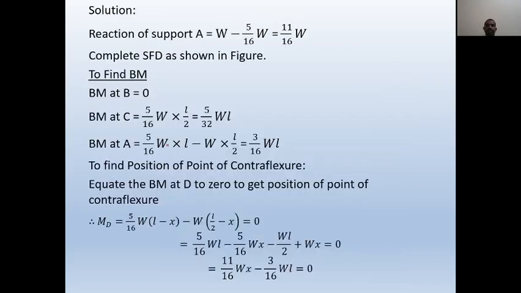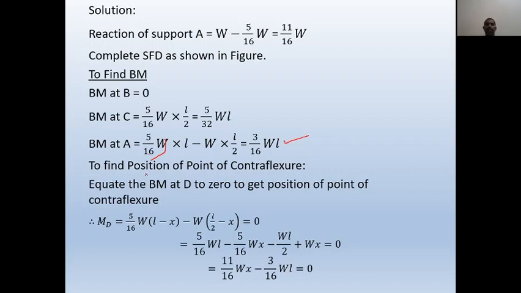You can see over here 5 by 16 W, which is the prop reaction, multiplied by L, minus W, the point load, multiplied by L by 2, and you can simplify it as 3 by 16 times WL, that is the moment at A.